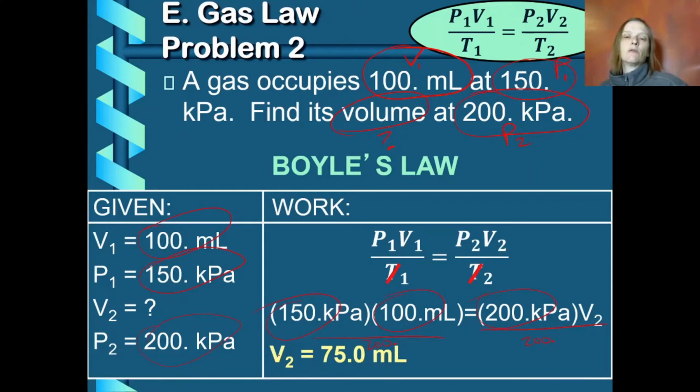And you get volume equals 75.0 milliliters. Again, including those units here actually helps you see that these units disappear and cancel out, and the kilopascals on this side disappear and cancel out, and that's why you're left with milliliters as your final units.